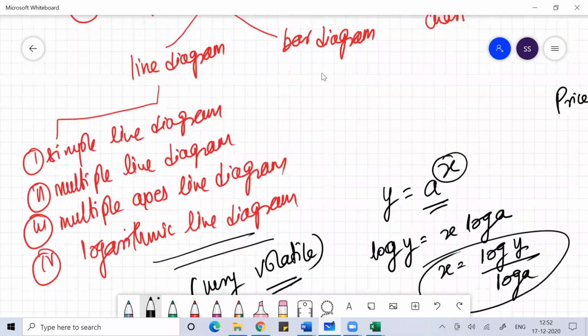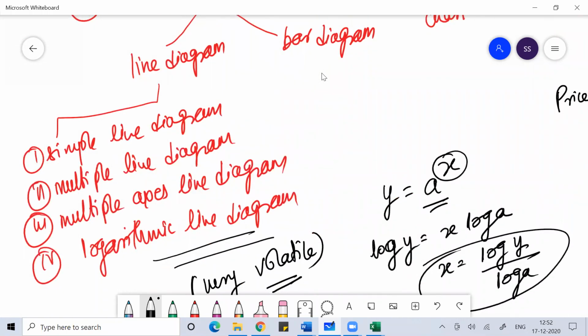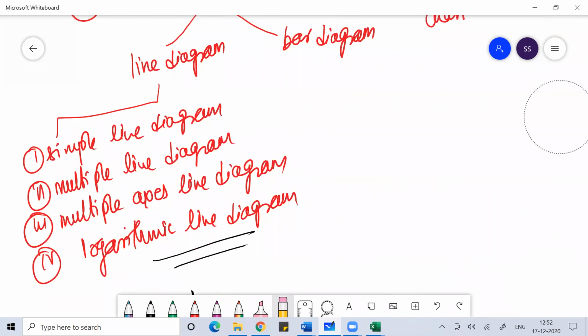Now the next thing we need to study is the bar diagram.